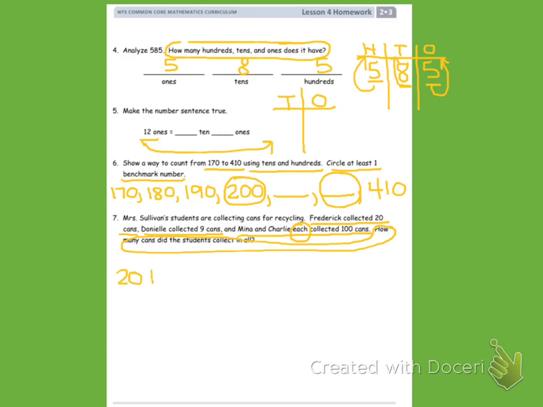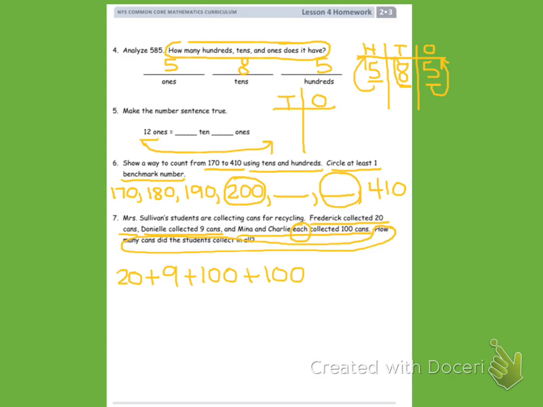And I will add 9 for the number that Danielle collected and added to the pile. I will add 100 for the number that Mina collected and added to the pile. And I have to add another 100 for the 100 that Charlie collected and added to the pile. Now I say to myself, how many cans did the students collect in all?